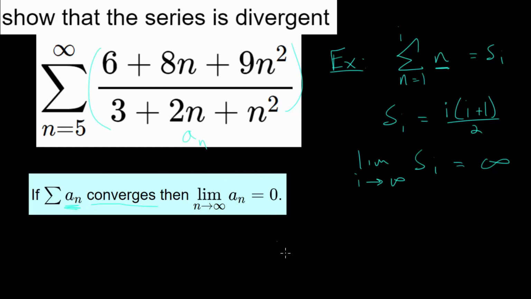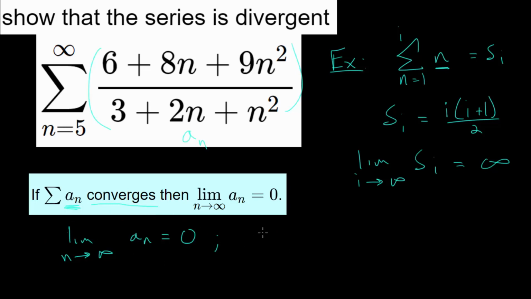However, you need to be careful with this divergence test because the converse is not true. It is not true that if we know that the limit as n goes to infinity of these terms is equal to 0, the series converges. There are, in fact, many series that do not converge for which this is true.